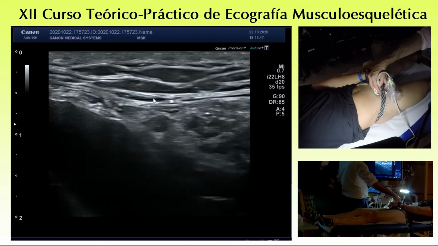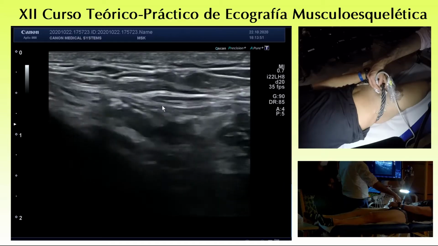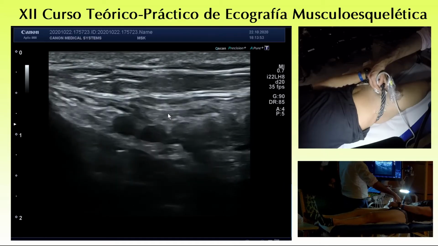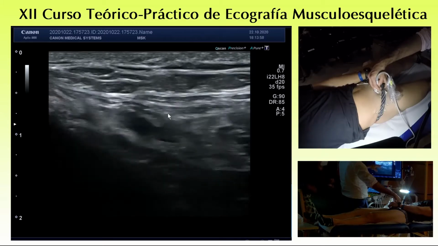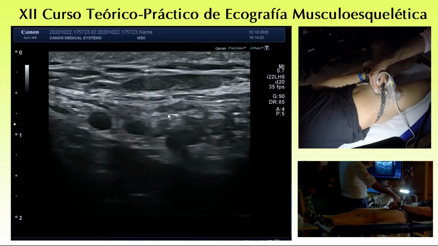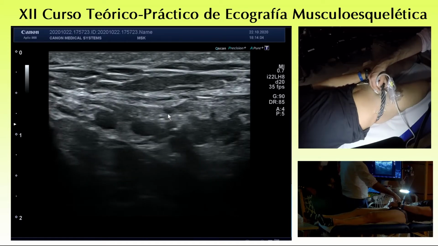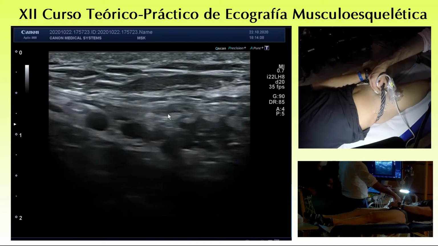But of course, the most important thing is to know the anatomy, to know the region, and to know at least two spots where to look for them: a level of the spermatic cord, or the round ligament in the woman, and a level on the interface between obliquus internus and transversus abdominis.